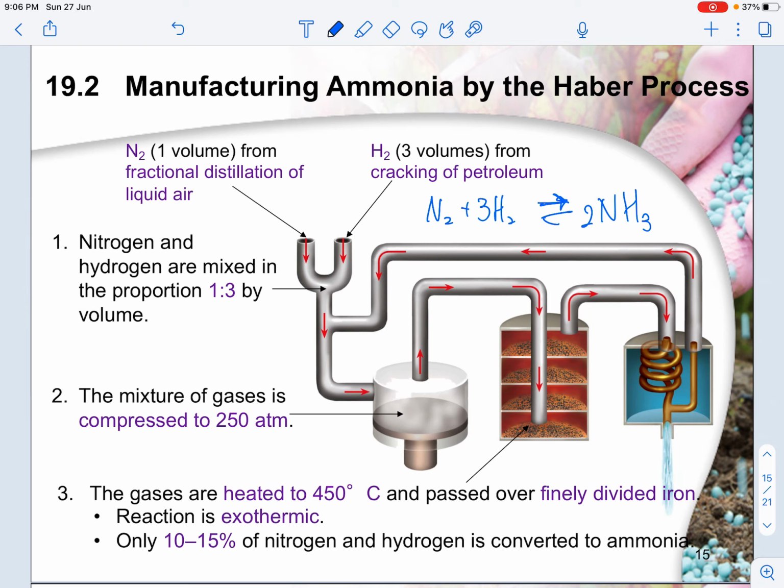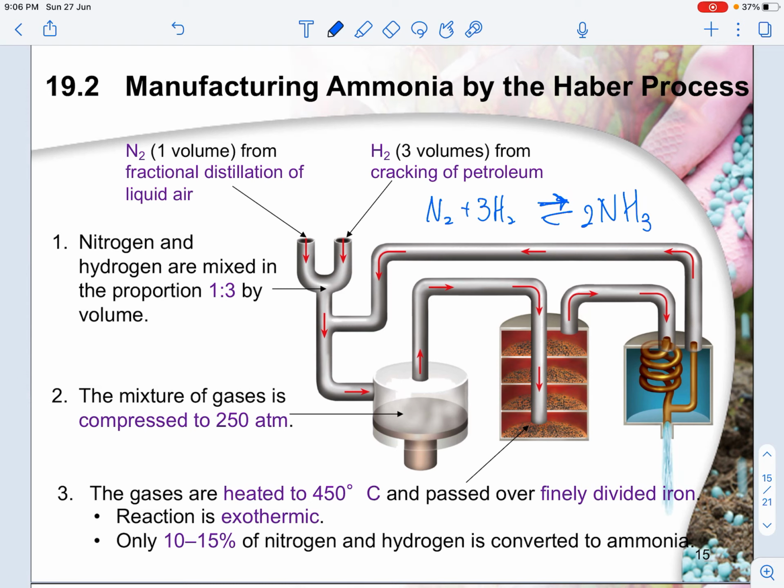Because all of these are gases, it follows Avogadro's law, the mole ratio, where 1 mole of nitrogen requires 3 moles of hydrogen to give you 2 moles of ammonia. So if you have 1 dm³ of nitrogen, you need 3 dm³ of hydrogen to form 2 dm³ of ammonia. Okay, so this is where we represent by volume, 1:3.